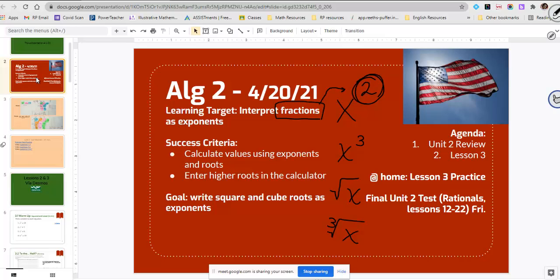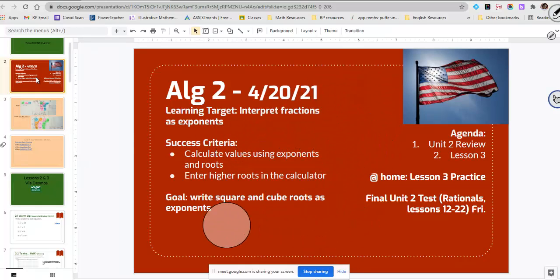So instead of something to the second power, what it means to take something to the 1/2 power, or what it means to take something to the 1/5 power. We can start using some fractions now in our exponent and how that's going to impact some of the information that we're working with. So by the end, we should be able to interpret what those fractional exponents mean.